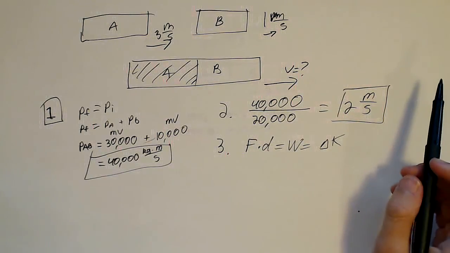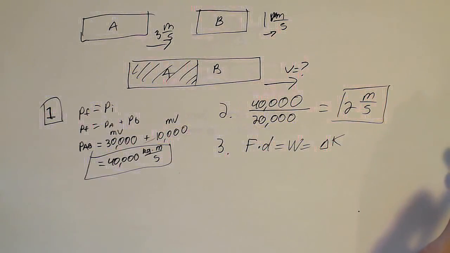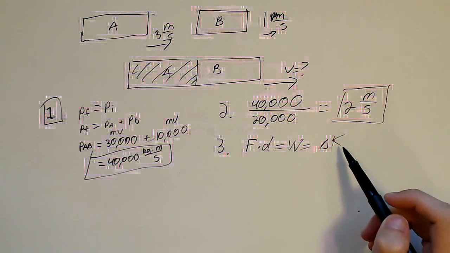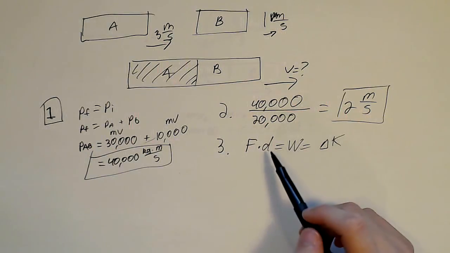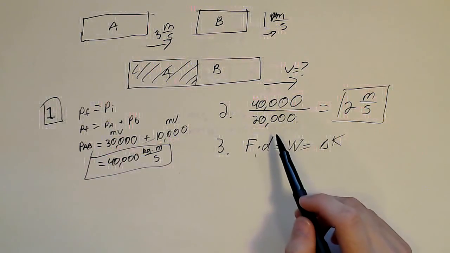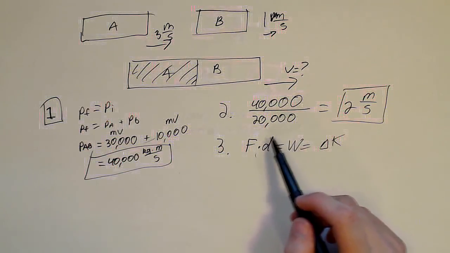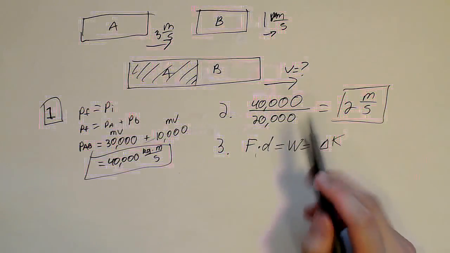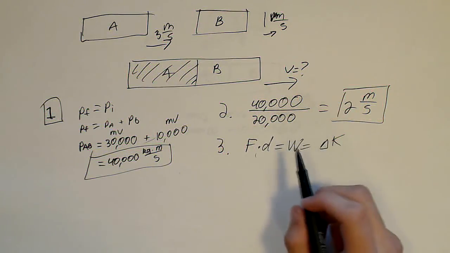And since we know the mass and the initial and final velocity, we can calculate the change in kinetic energy, which can be equal to our work, and we know our displacement, we know the distance that the force was applied through, which is 0.3 meters, so we can calculate the force that was applied.